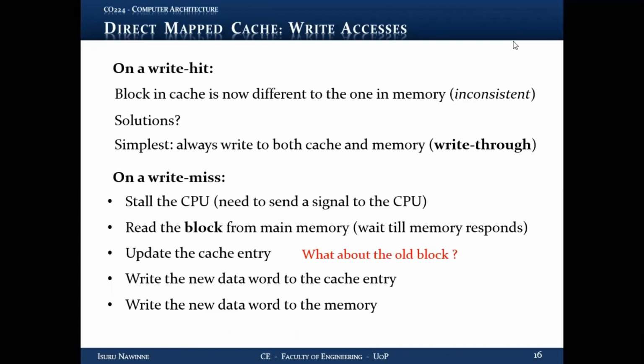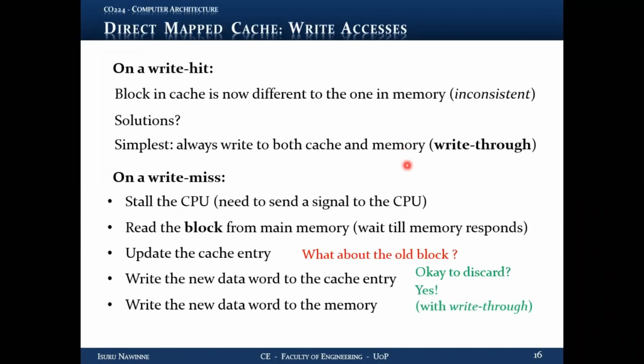So if a future access wants to access a data word in that old block, the correct data is available in the memory and that can be fetched into the cache again, right? So now with the write through policy, it's fine to discard the block.